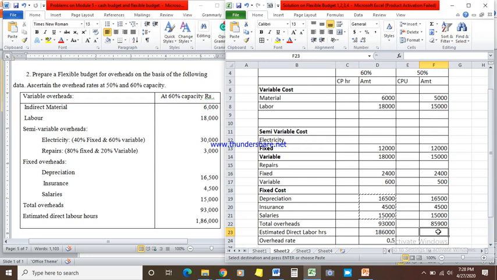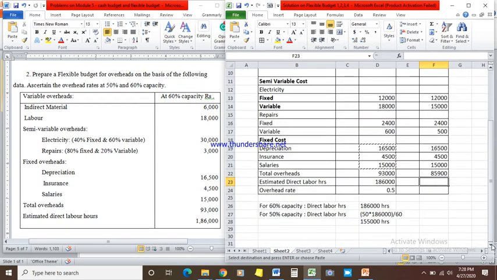But what about the direct labor hours? At 60% capacity, it was 1,86,000. Now at 50% capacity, what will be the direct labor hours? So we'll calculate here a small working note. For 60% capacity, the direct labor hours spent were 1,86,000. So for 50% capacity, 50 into 1,86,000 divided by 60, it comes to 1,55,000.